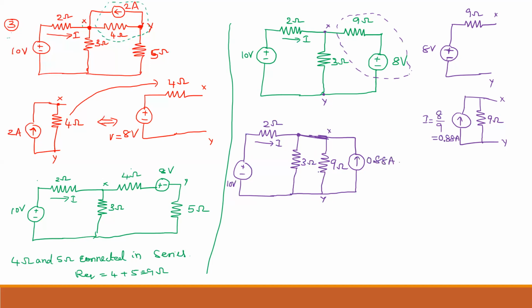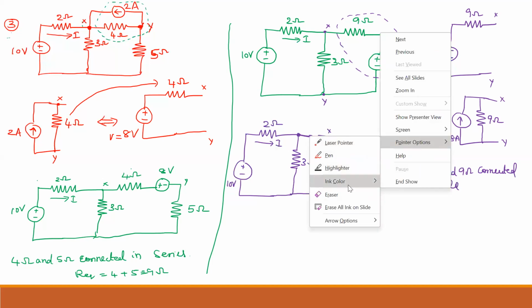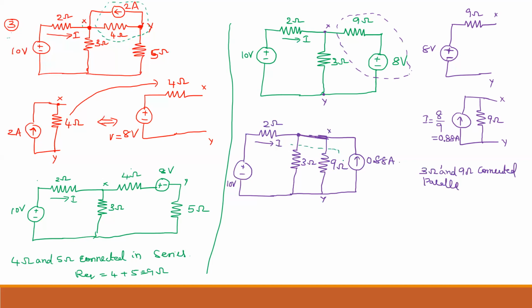Now again, if you observe, the 3 ohm and 9 ohm are connected in parallel. So if you draw one dotted line across here, that will be good.